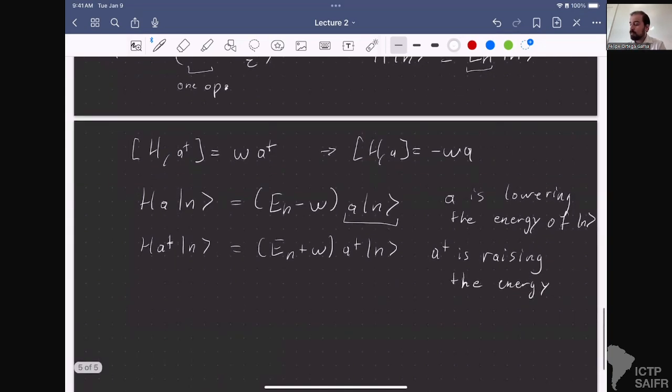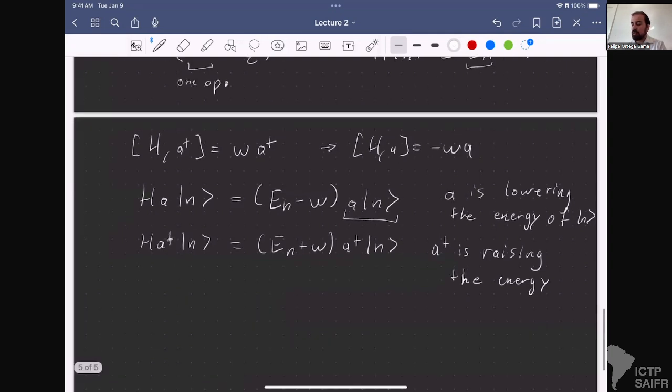Fair enough. And then you can think about what's going to happen if you keep applying this A operator to a state. If you apply it multiple times, you're going to continue lowering the energy of your system. And you can propose that there has to be a lowest energy state, your ground state, that is going to be annihilated by the lowering operator. So there has to be some bound from below of the Hamiltonian energy.